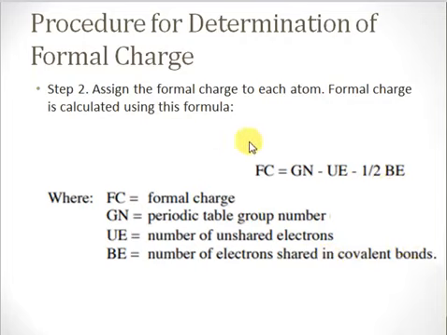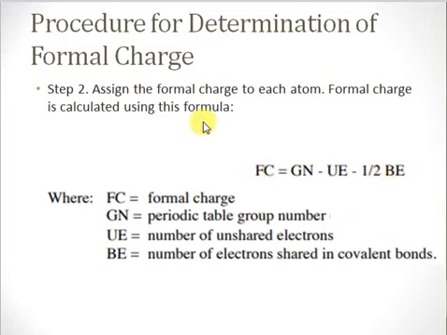For example, if there is an oxygen-hydrogen single bond, the number of electrons shared will be 2, and we divide it by 2, so that becomes 1. So this is the formula for calculation of formal charge.